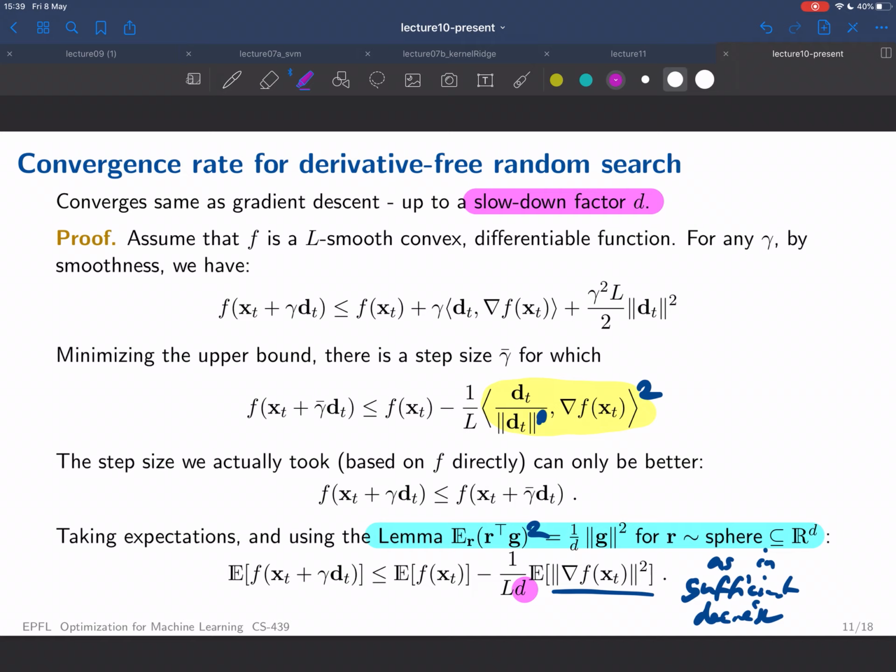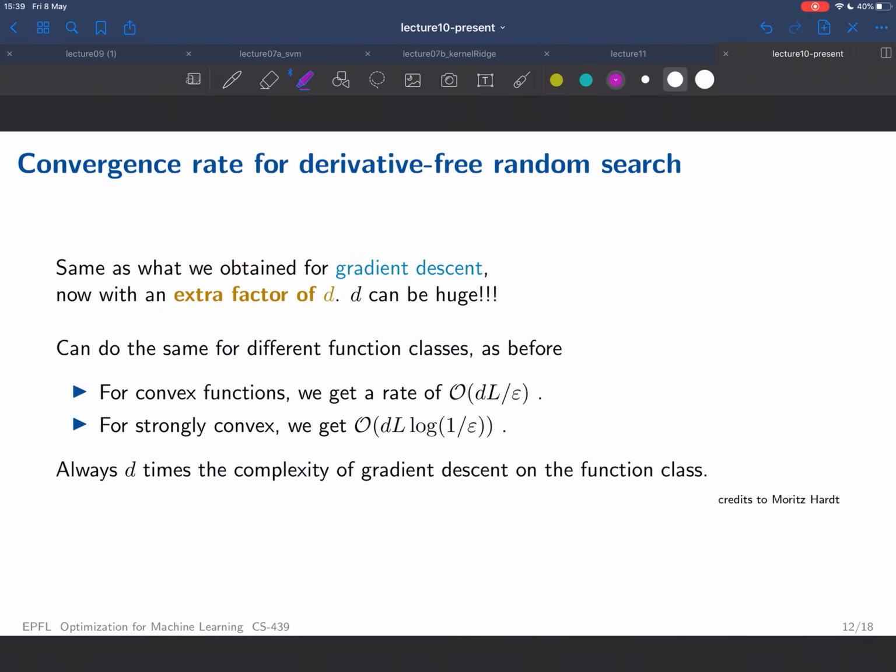Whereas if you have gradients, then the D doesn't matter, because the only thing that matters is this L, the smoothness constant. There was no D if you have gradients, but here there is a D. And that's summarized again here, so same rate, but slowdown of D.